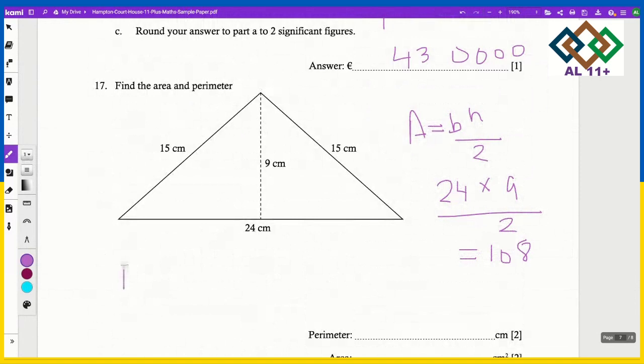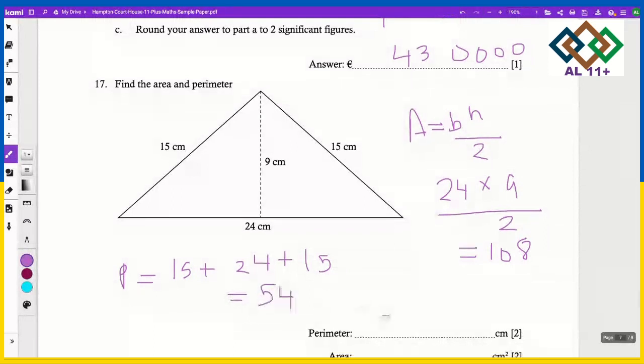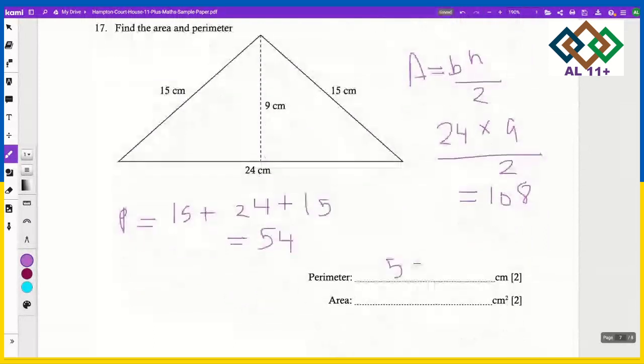And your perimeter, you're adding all of them up. So it'll be 15 plus 24 plus another 15. So now you can write it down. Your perimeter is 54 and your area is 108.